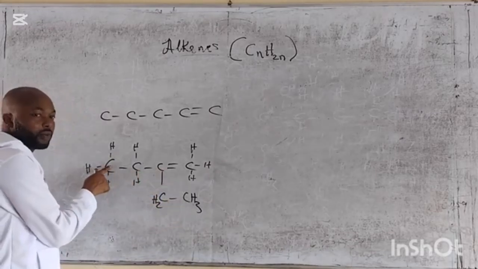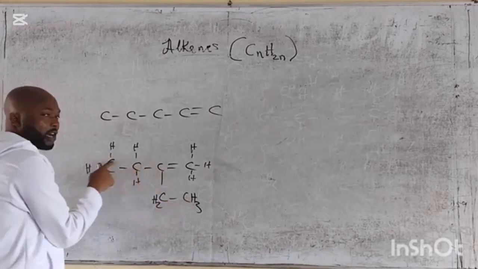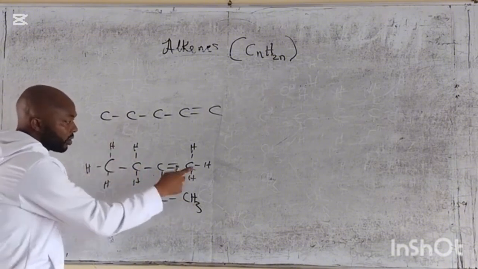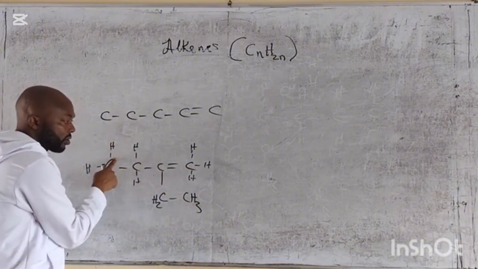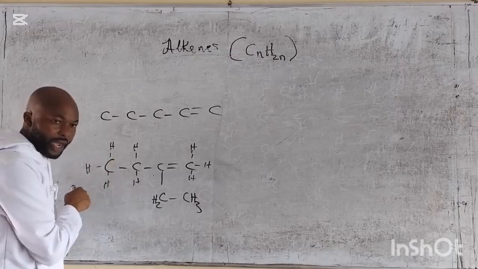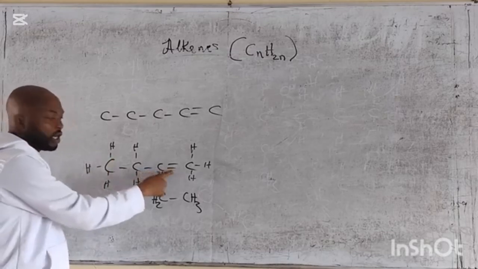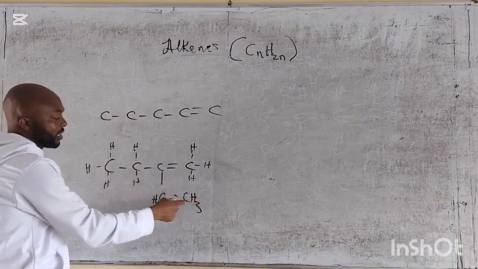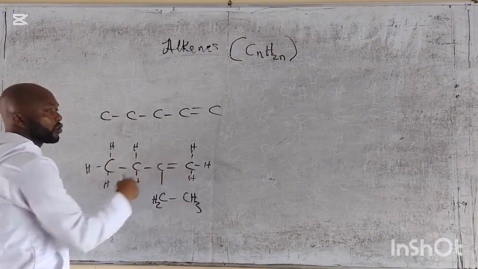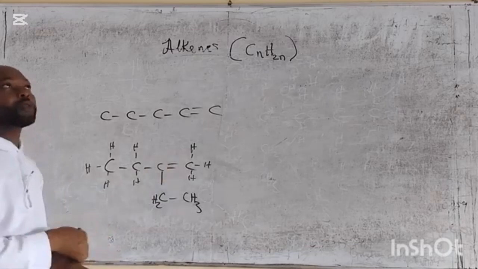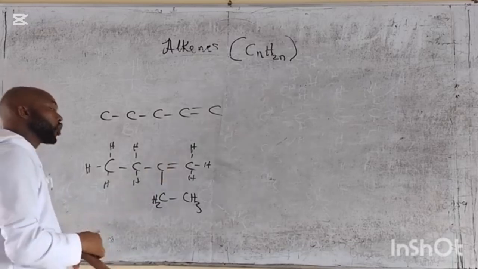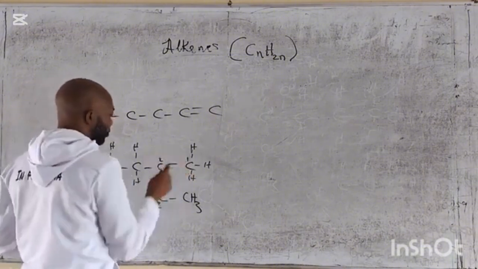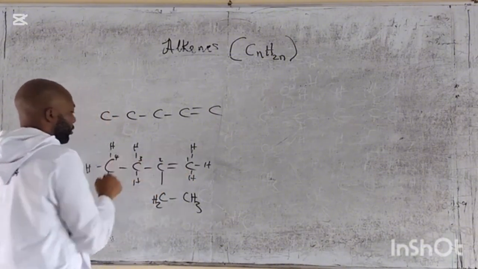Let's look up. 1, 2, 3, 4, 5 is the longest. But 1, 2, 3, 4 is our parent chain. Why? Because it contains the double bond. This one does not contain the double bond. So we cannot regard this as the longest, rather this. So the longest possible parent chain must contain the double bond. So I have 1, 2, 3, and 4.